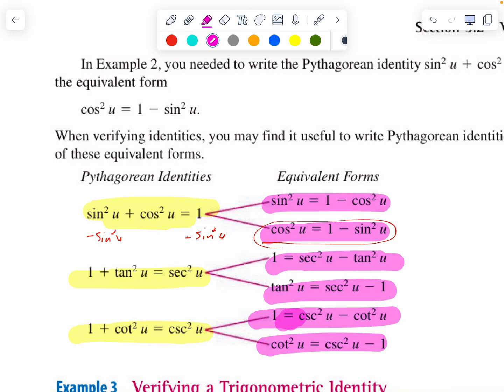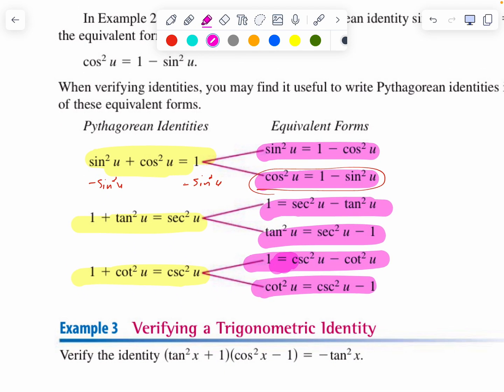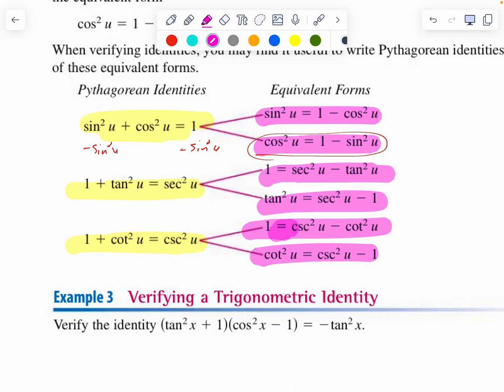When I tell you, hey, I've seen that before, I think that's equal to something, it's because you're supposed to be aware of the most popular version highlighted in yellow, and you also must be familiar with the not as popular identities in pink. Is that making sense? Now, I'm reminding you of that because that's going to be important in the next problem.